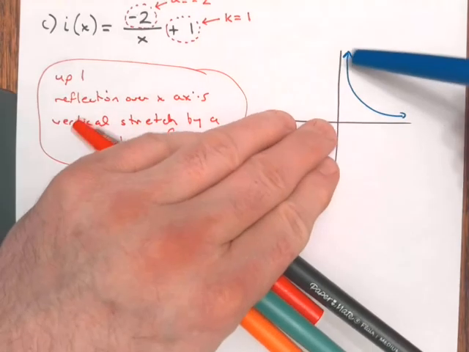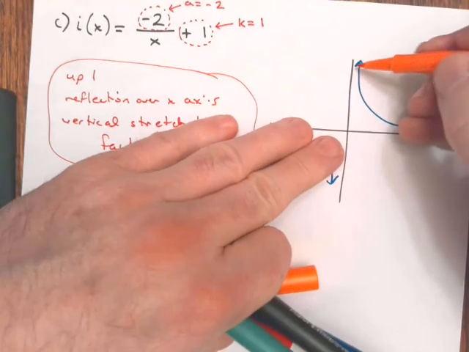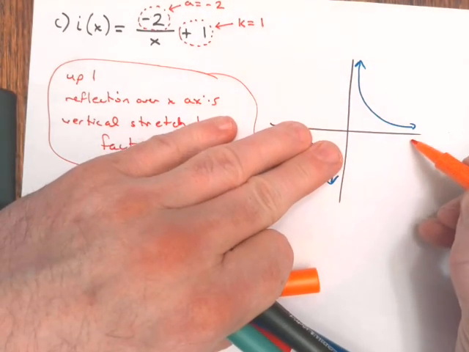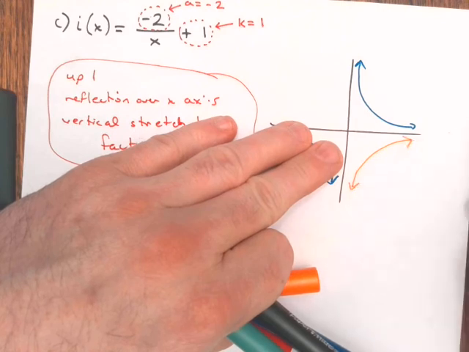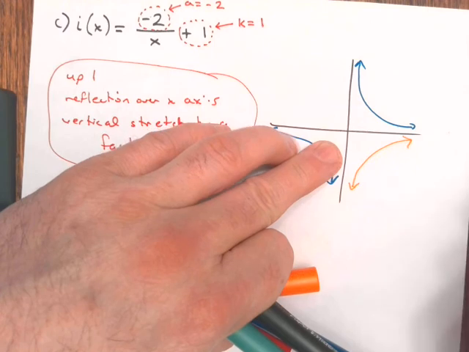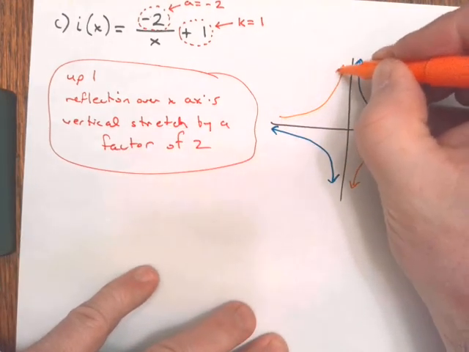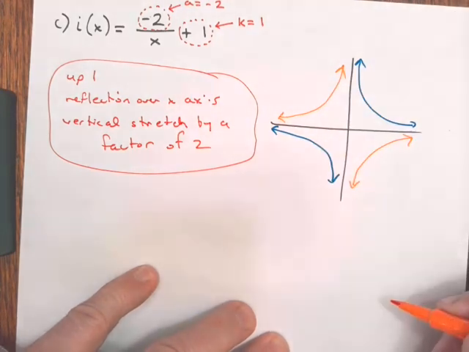If you took this part right here and you reflected it over the x-axis, this part right here would reflect downward like this. So if we made a reflection and kind of folded the paper over there, this top part would get reflected down below here, and this bottom part would get reflected up above.